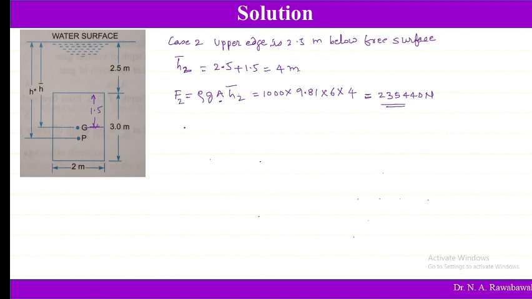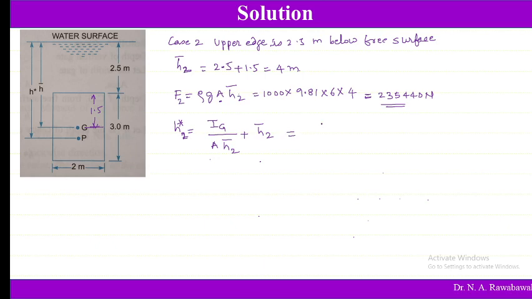The force is known. Now H2 star is equal to Ig divided by A H bar 2, plus H bar 2.